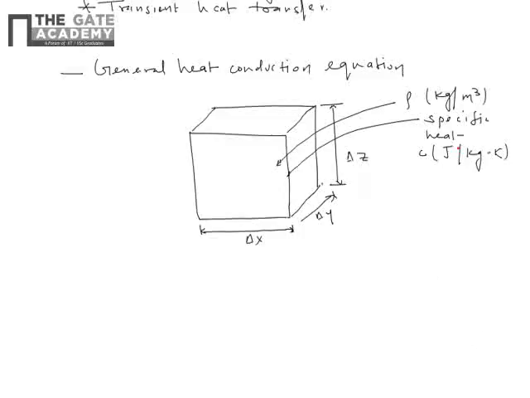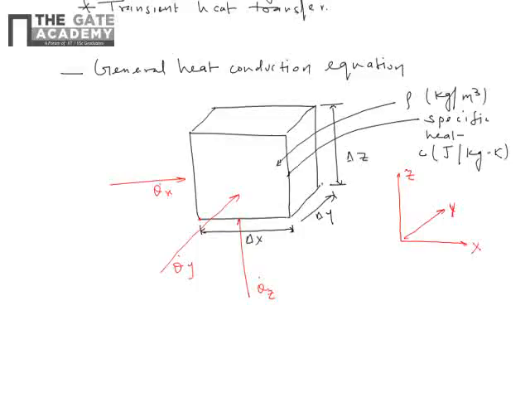Let us say Q dot x, Q dot y and Q dot z amount of heat enters at x, y, z. Let us say this is our coordinate system. This is x, this is y, and this is z.